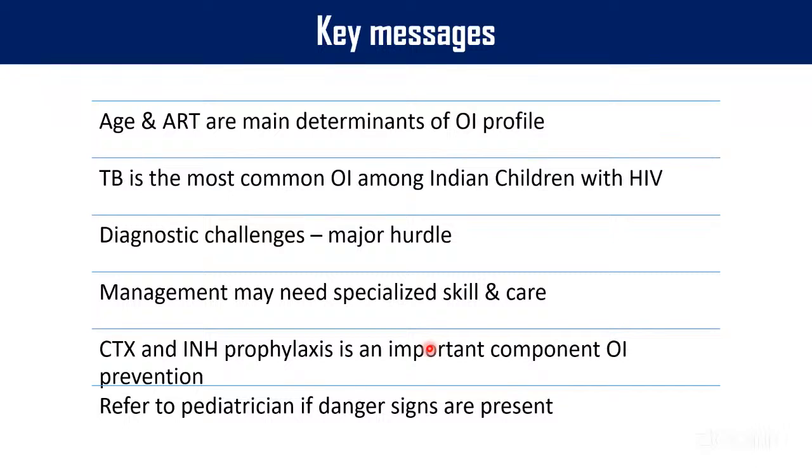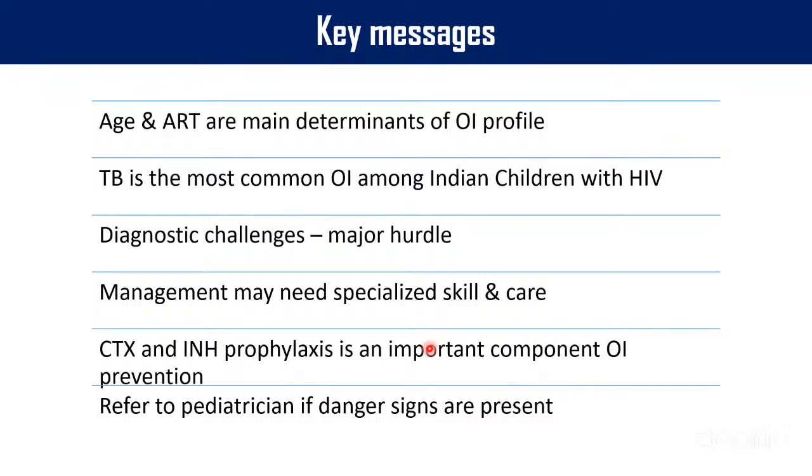You may have to involve more specialists, more departments, like pediatrics, psychologist, neurologist if available, orthopedician if there is septic arthritis, skin specialist, and definitely HIV physicians. So multi-speciality care is what is required here. Cotrimoxazole prophylaxis, INH prophylaxis, and immunization are very important components of prevention.